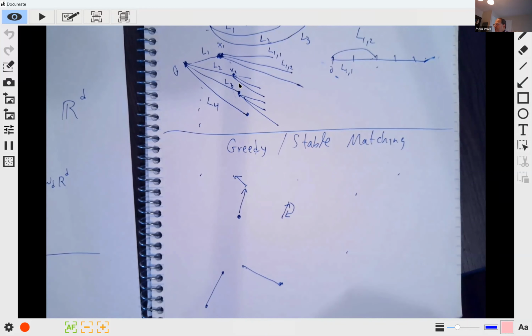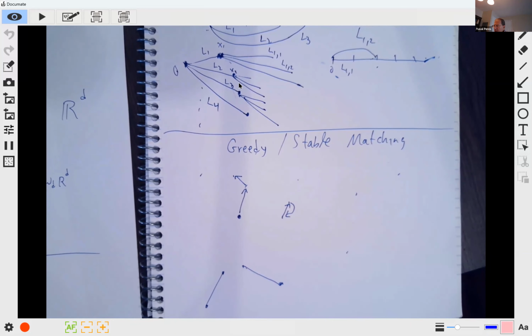In that case, the stable matching exists, is unique, and is given by this greedy procedure. It's very easy to check that when you apply this greedy procedure iteratively, there will be no unstable pairs. If there were such a pair, you look at the member of the pair that was matched earlier, and you see this cannot be, because the greedy procedure ensures there can be no such unstable pairs.